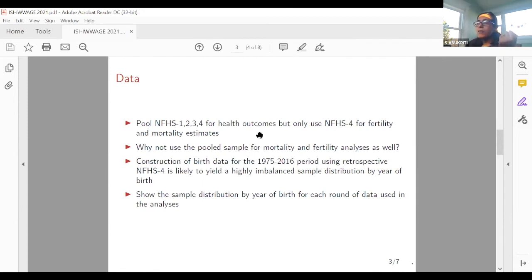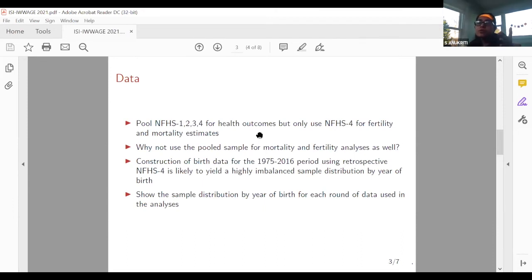Because since you're doing a retrospective analysis, a sort of data construction, and the policy reform you're looking at changed in 1996, what you are basically doing is observing people in 2015-16 and finding births which were born before 1996 and then after 1996 from that data, right?